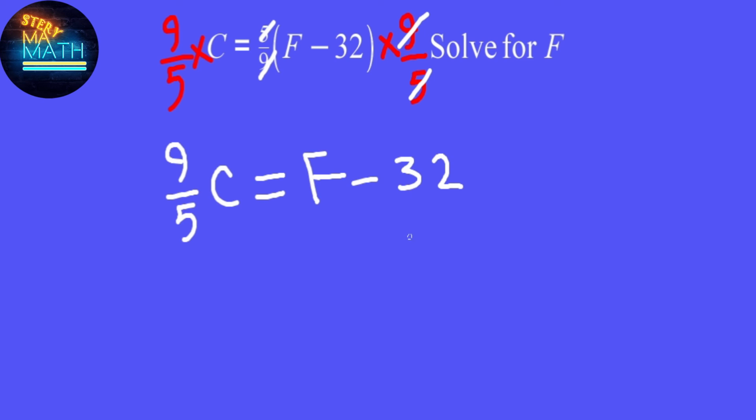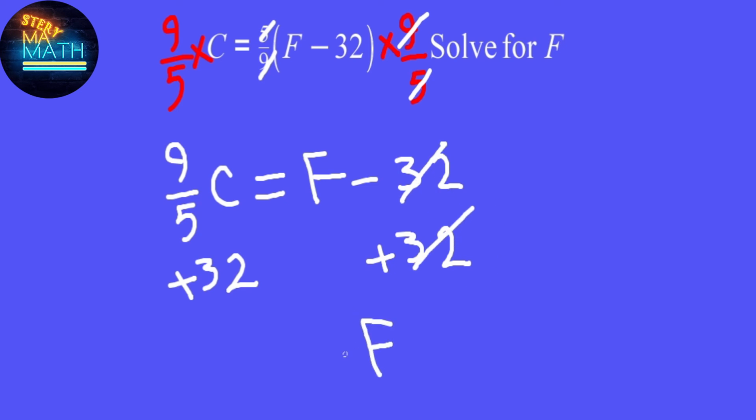F minus 32, I want to get rid of negative 32, and the opposite of negative 32 is positive, so I will add 32 to both sides. So here plus 32, and here also plus 32. Cancel 32, so it's f is equal to 9 over 5 c plus 32.